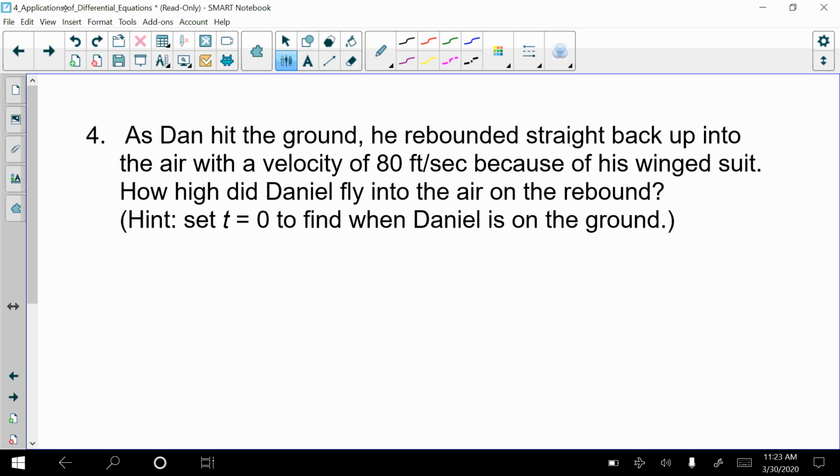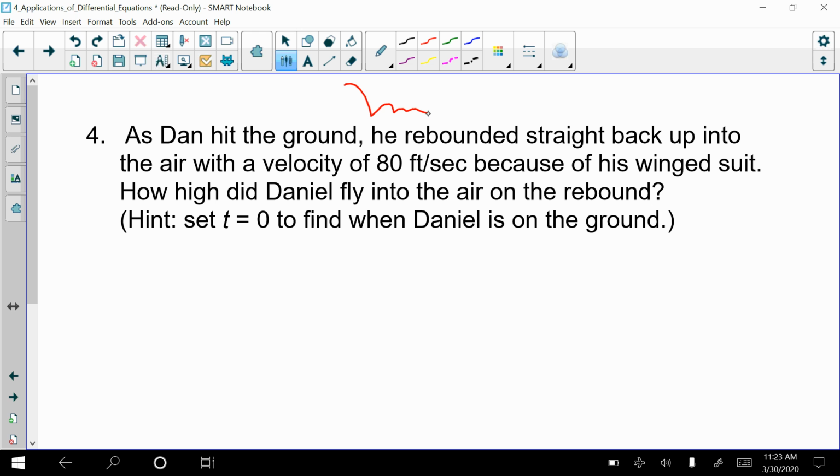So moving on to the remainder of the notes, as Dan hit the ground, he rebounded straight back up into the air with a velocity of 80 feet per second. So I'm assuming that it's going to look something kind of cartoonish, where Dan fell down, hit the ground, and then bounced and bounced and bounced until he stopped hitting the ground.